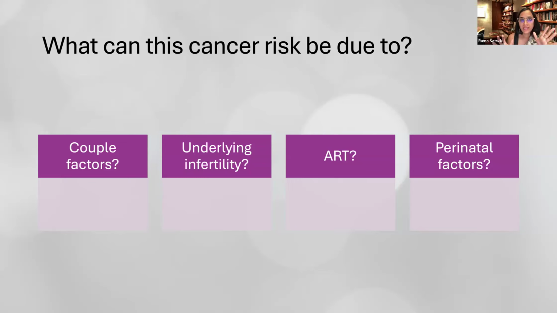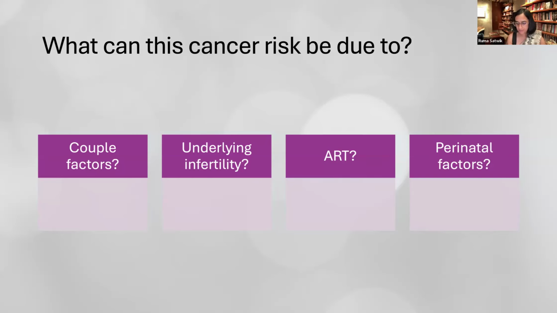So when you look at it as a subject expert, when you find an association, you have to ask yourself the question: is this true? Is this really the case? Is it FET that is leading to this? Could it be couple factors? Could it be underlying infertility? Unexplained infertility perhaps leads to a higher incidence of congenital anomalies. Male factor infertility, we know, leads to a higher incidence of specific kinds of congenital anomalies. And advanced age women lead to a higher incidence of congenital anomalies. So is it underlying infertility? And then finally, is it the perinatal factors?